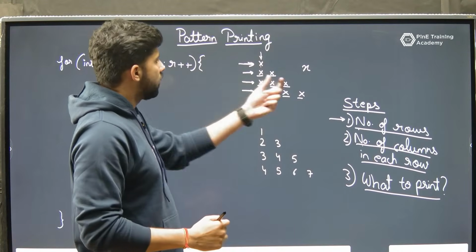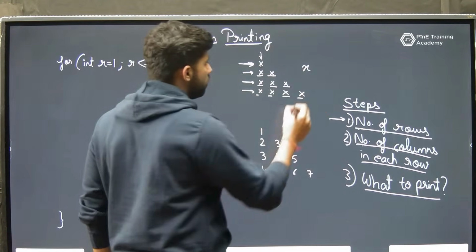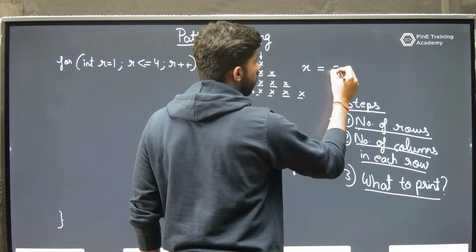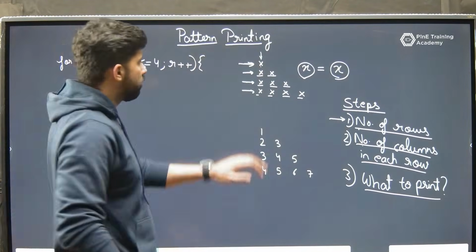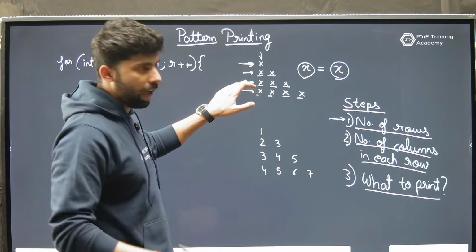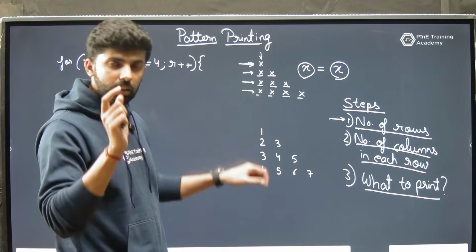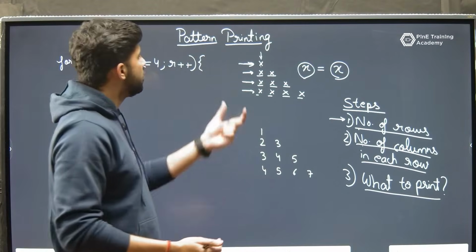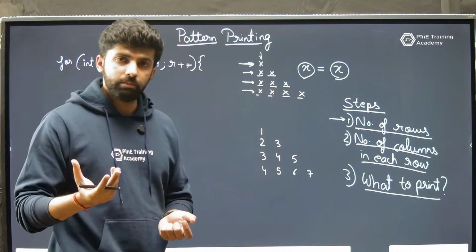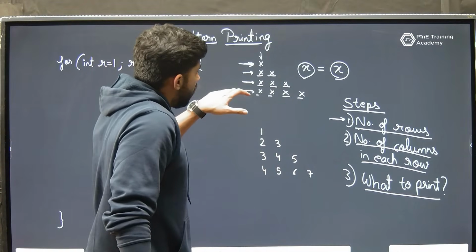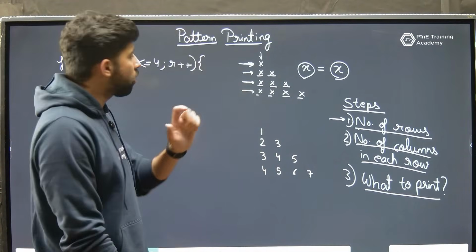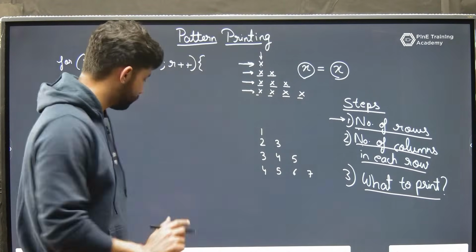If we have x row, the number of columns will always be equal to x. For third row, we have 3 columns. It means the row number is also third, the column number is also third. Number of columns are also 3. If the row number is 4, the column number is also 4.